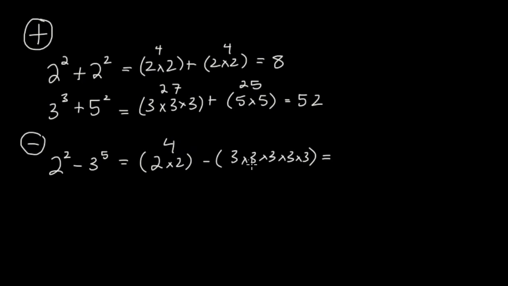First one gives me 4. This one is 3 times 3, which is 9. This one's 3 times 3 equals 9. When I multiply 9 times 3, that gives me 27. Then I pull up my trusty calculator, and I do 9 times 27, and I get 243.